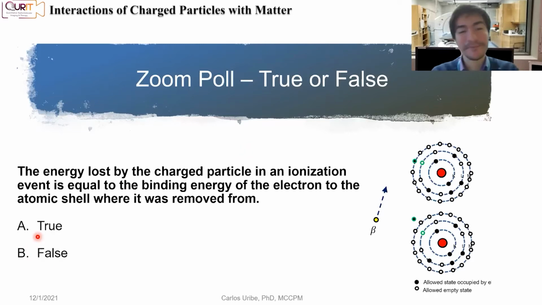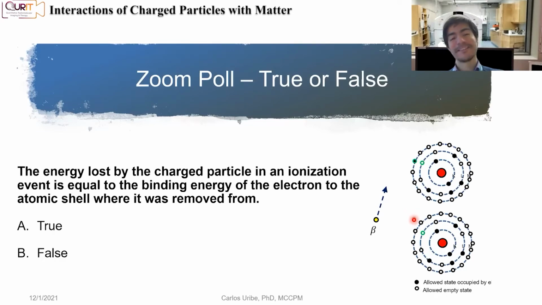Okay, so I'm saying that this particle is losing energy because it's transferring some energy to that electron. It is true that to knock out that electron from that shell, we need at least the binding energy. So if this particle transfers just the binding energy, the electron will be free.